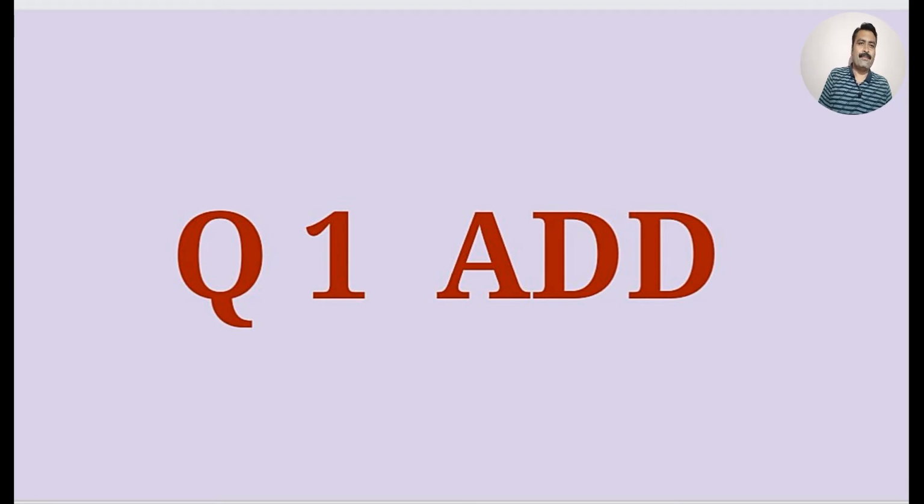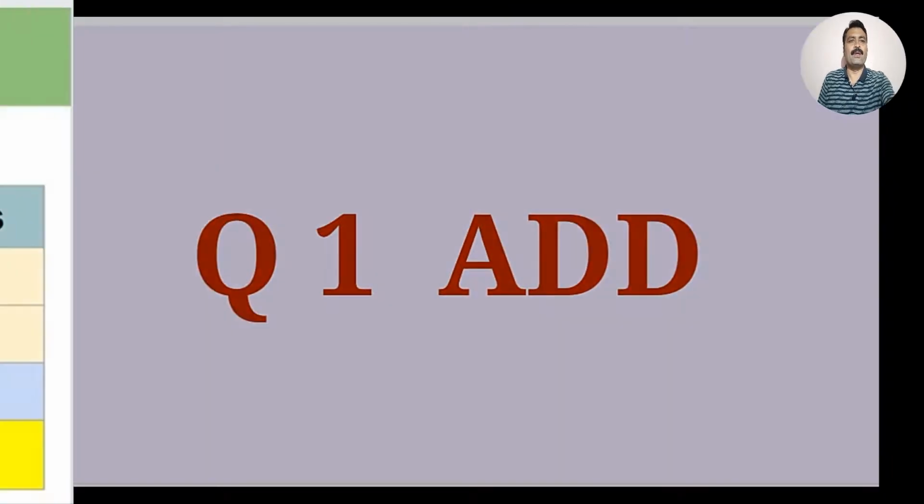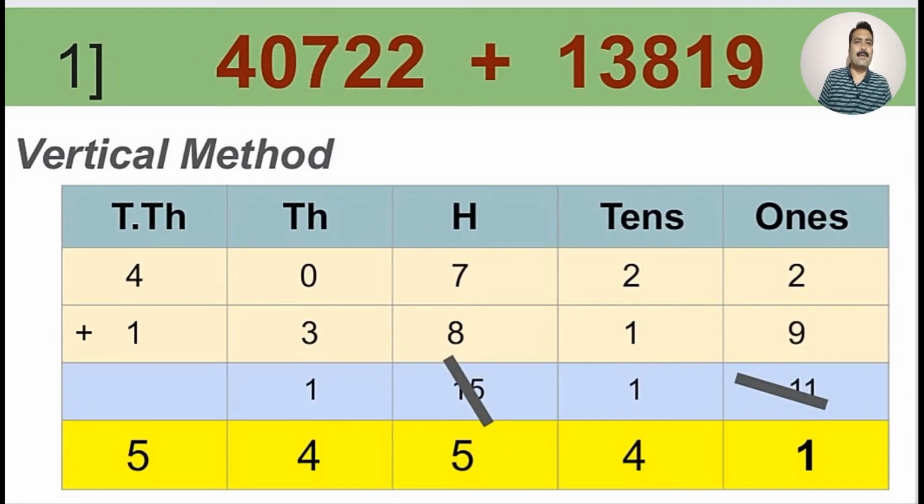If you get the meaning, the thinking behind this vertical method for addition, then you can easily calculate the answers for addition. So let's start with the first example in this question 1. The first example that is given, you can observe on the screen.